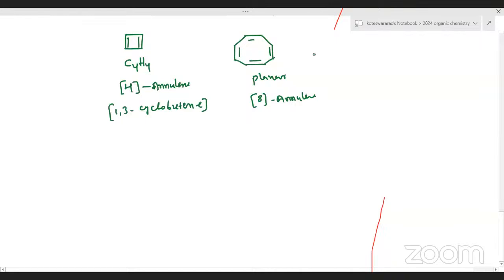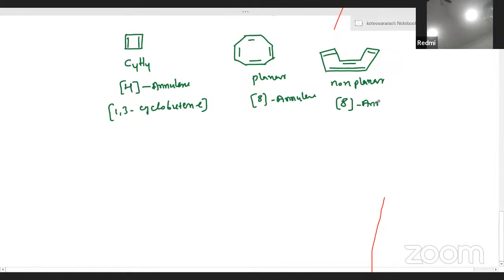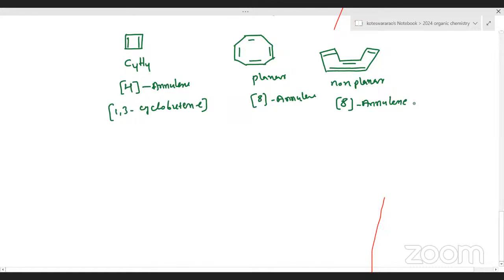But it exists in a tub shape. This is the non-planar form. Even though it is a non-planar form, we can express its name as [8]annulene with non-planar.